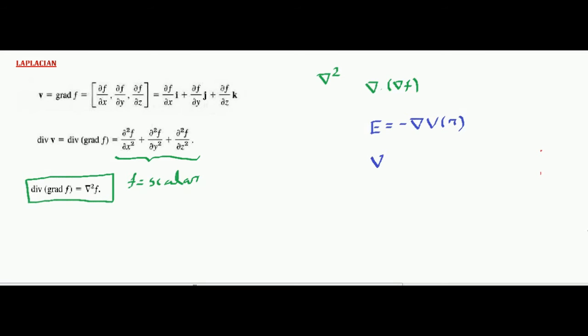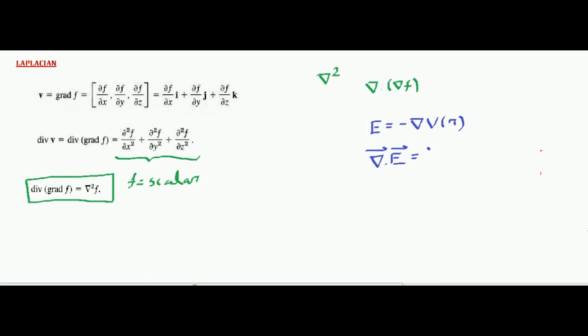It does not depend on theta. Now you can also take the dot product of an electric field. Remember we discussed earlier that if you take divergence of an electric field, that is dot product of the del operator and the E, this is called divergence. This gives you flux per unit volume.